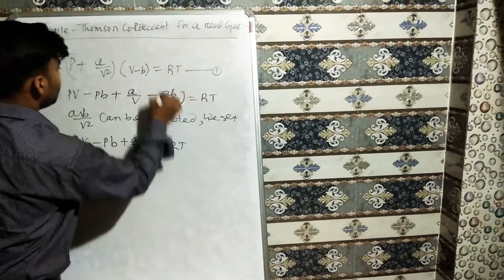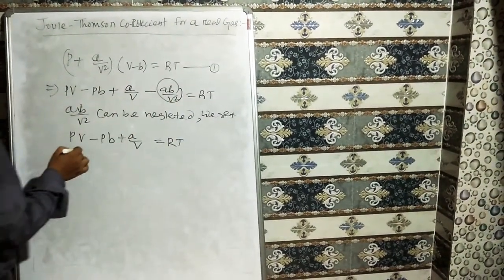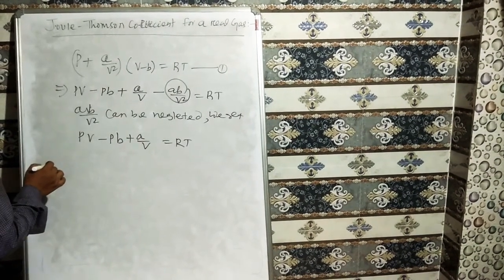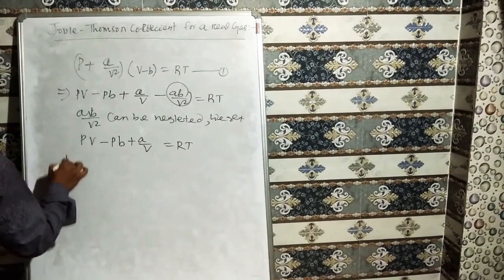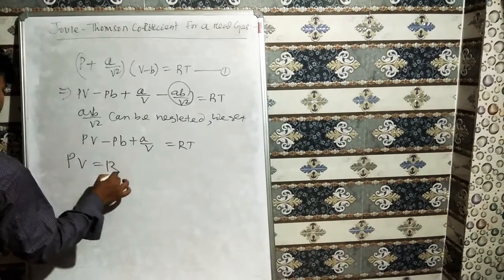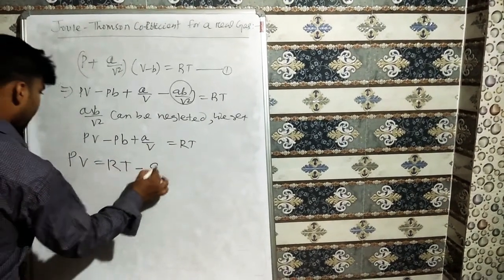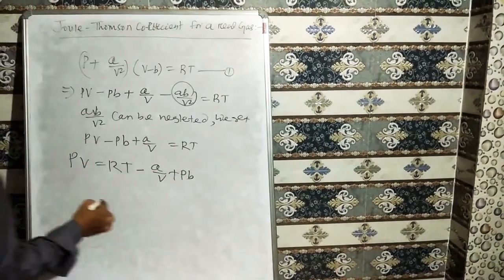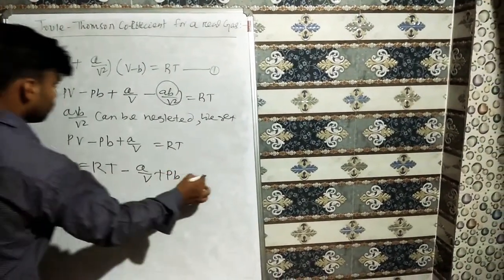Okay, this term is neglected. Hence, if we now rearrange this, we get PV equal to RT minus a by V plus Pb. Okay, and this is equation 2, suppose.